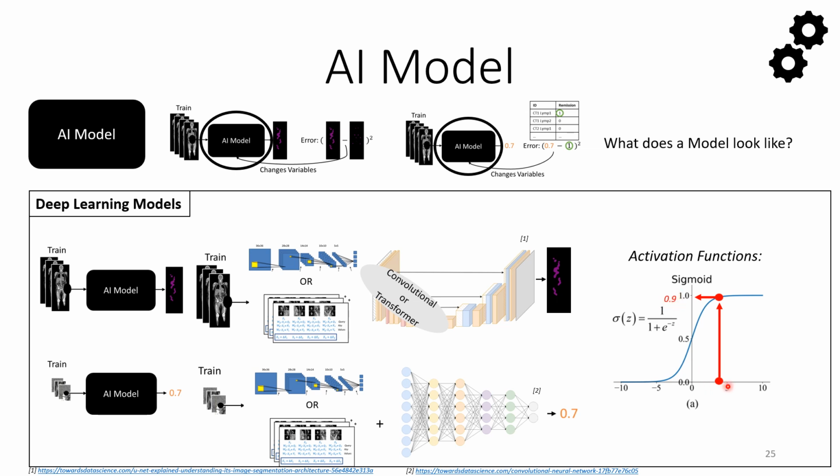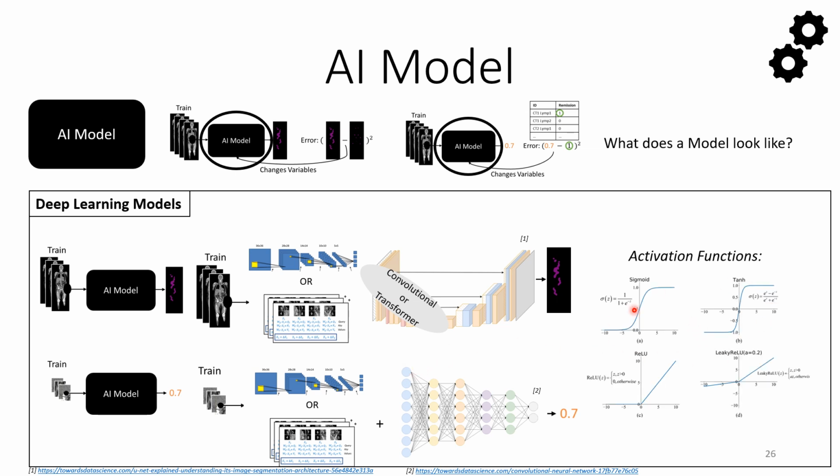So when a 4 comes in, the model looks at the function, and the value which the model continues with is 0.9. So instead of 4, it continues now with 0.9. There are several different activation functions, and you can find them in several spots inside the model. Those functions basically bring the non-linearity to those models.